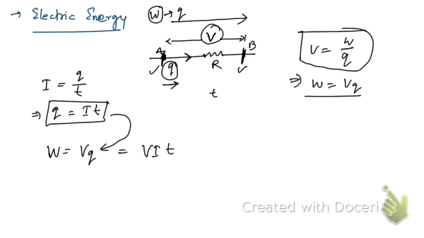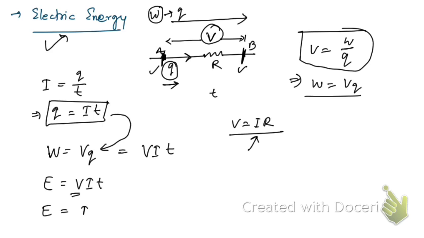This work done is nothing but electric energy, because energy is equivalent to work done. So electric energy is V I t. And from Ohm's law we know that V is equal to IR. We can replace V by IR, and write this as I square R into t.